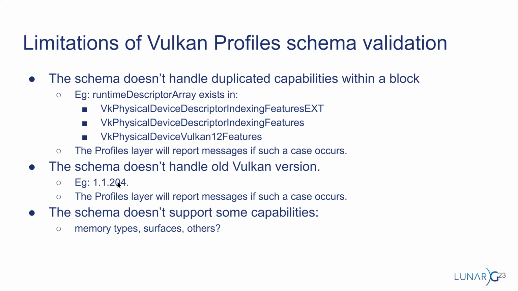the schema is generated out of vk.xml, and vk.xml is just written for the last version of Vulkan, not for everything. Well, this is something we are hoping maybe with some improvement to the schema that we could solve, but right now we are not quite sure we could fix it.